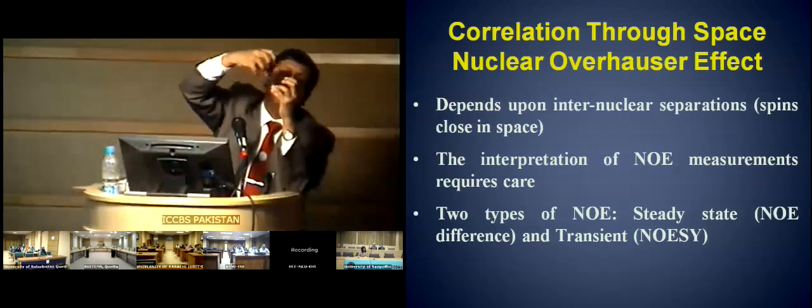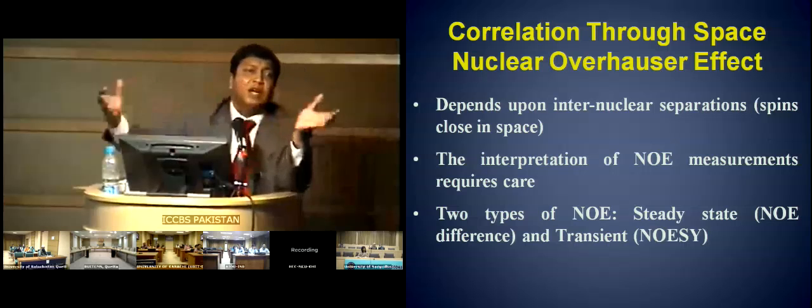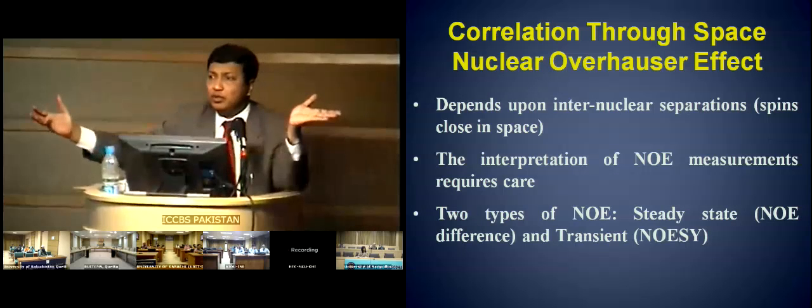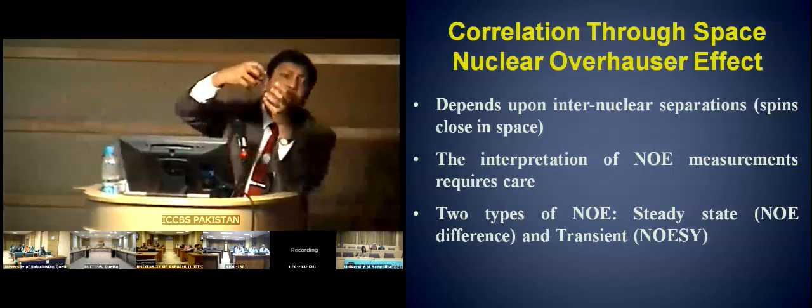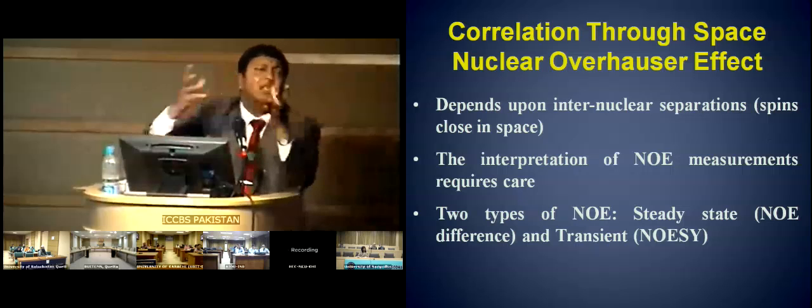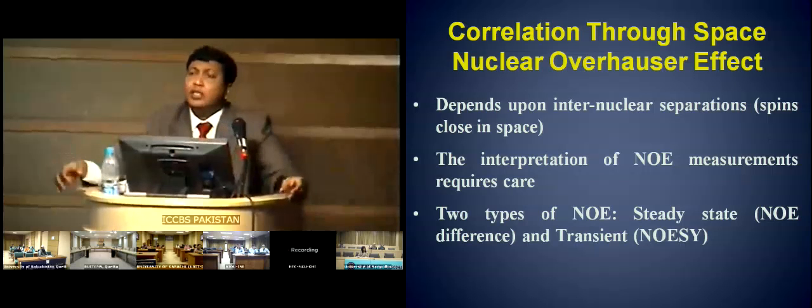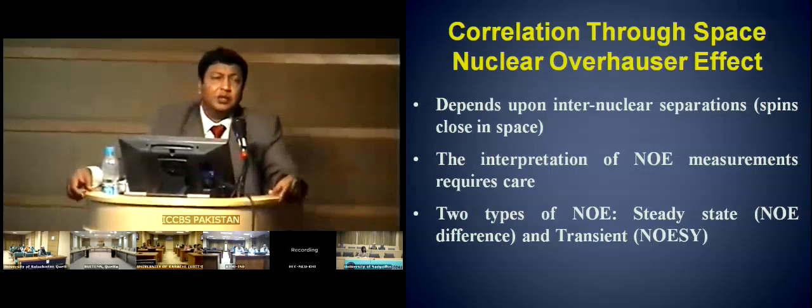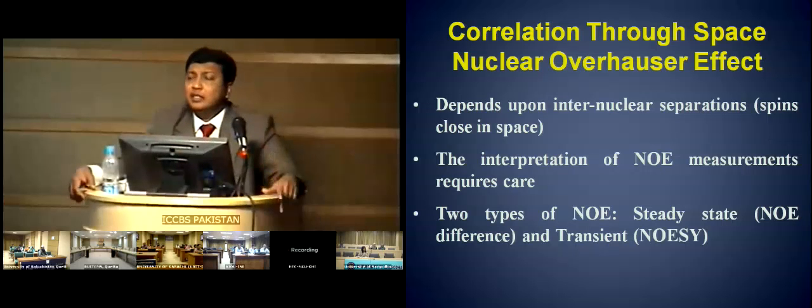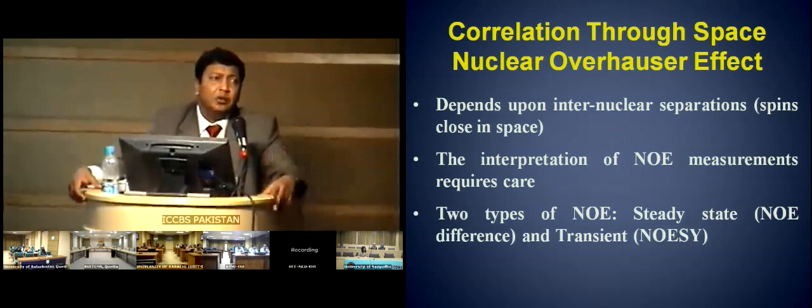I am able to see interaction between two protons which are far apart in terms of bonds, but close in space. So it's a tremendously powerful technique, and the real use of the nuclear Overhauser effect, so-called NOESY spectroscopy, is in the structure of biomolecules like proteins.